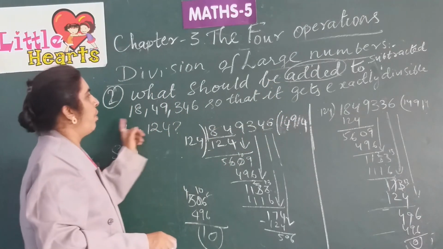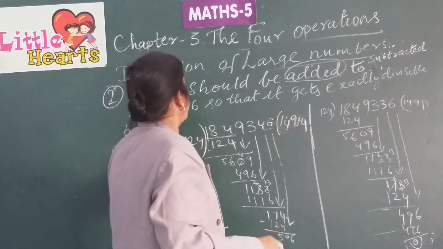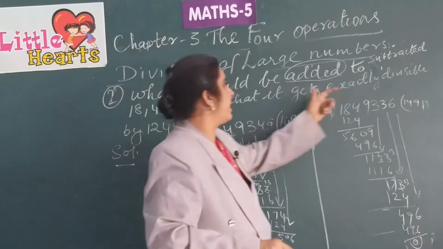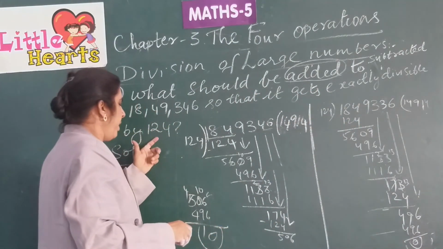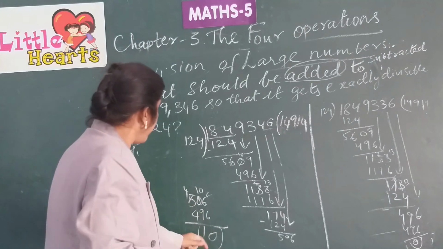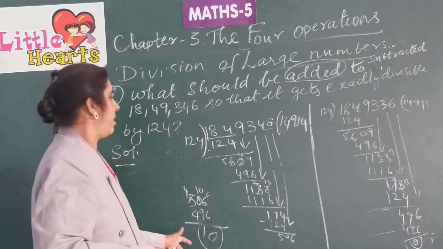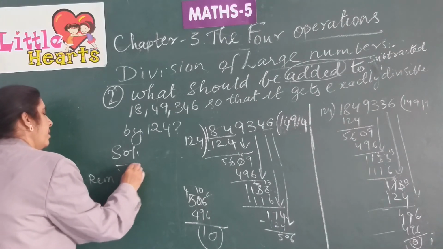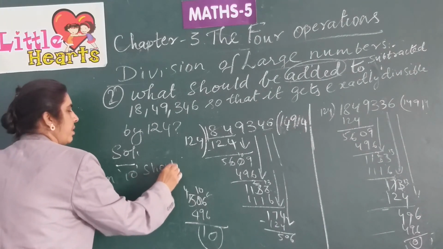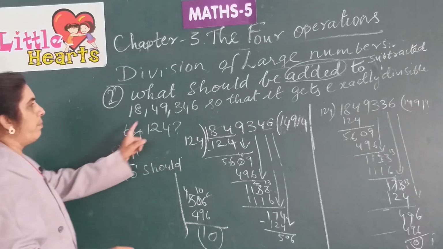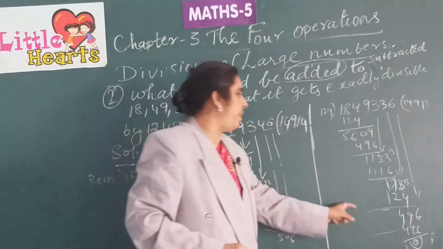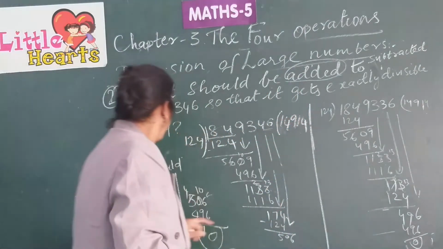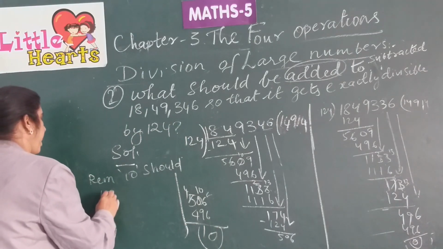So what should be subtracted so that this number gets exactly divisible by 124? The number that should be subtracted is the remainder 10. So remainder 10 should be subtracted. So from this, if you subtract 10 and divide, you get the remainder 0. So remainder 10 should be subtracted.